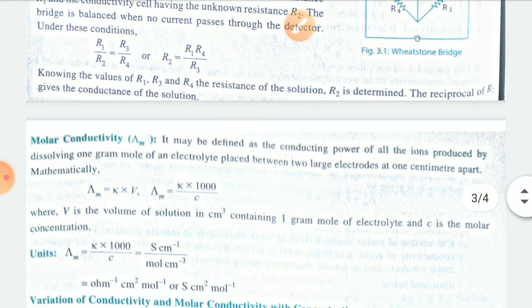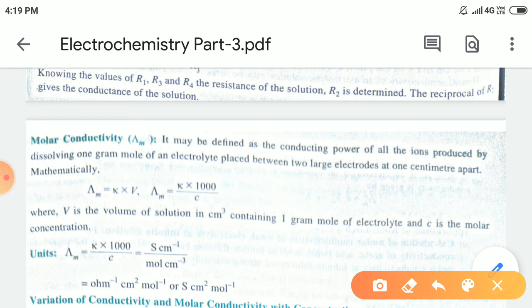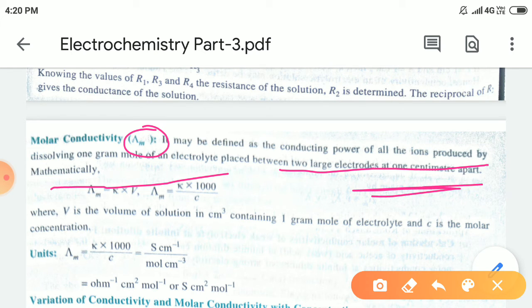Next topic is molar conductivity. Molar conductivity is represented by lambda m. It may be defined as the conducting power of all the ions produced by dissolving 1 gram mole of an electrolyte placed between two large electrodes 1 centimeter apart.